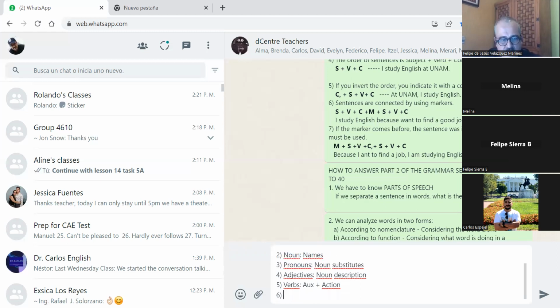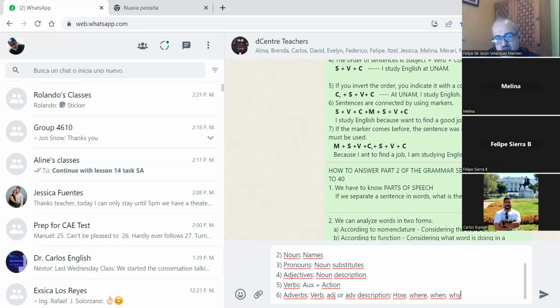Number 6, we have adverbs. What is an adverb? An adverb is a word that describes a verb, an adjective, or another adverb. And it answers the questions how, where, when, and why.